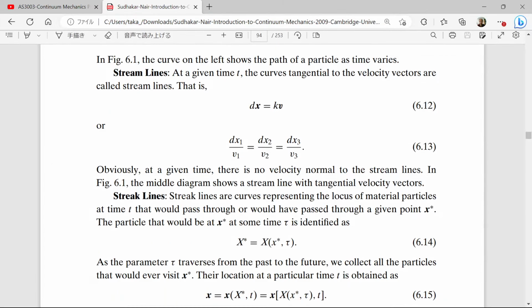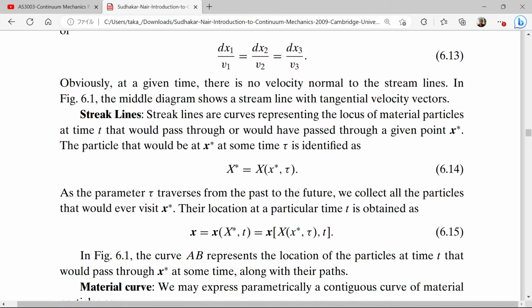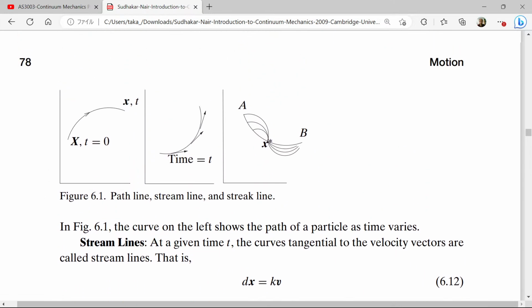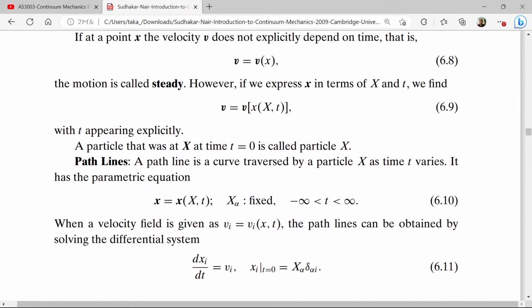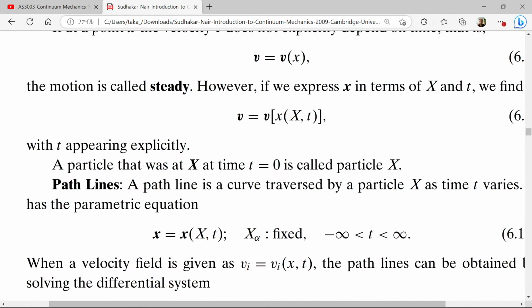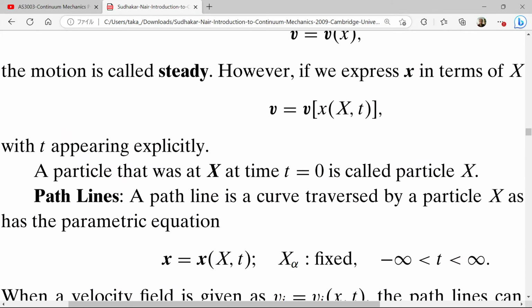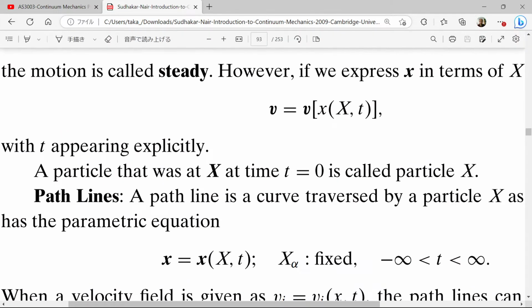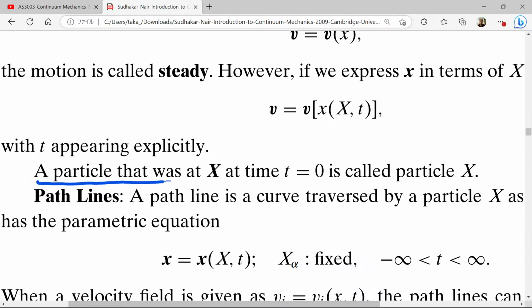One thing, this is important, I think. I think this book should say this first. A particle that was at x at the time t equals 0 is called particle x.